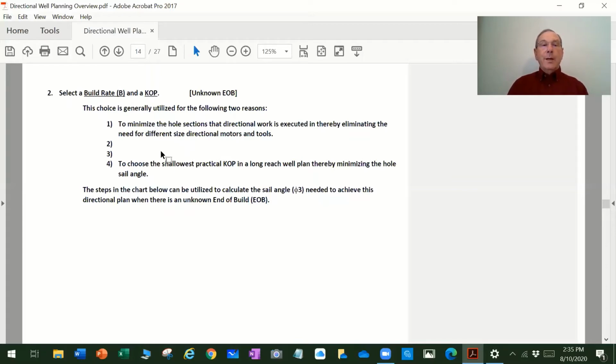The second reason is to choose the shallowest practical kickoff point in a long reach well, thereby minimizing the hole sail angle. So the steps in the chart on the diagram below can calculate the sail angle number 3 that's needed to achieve this directional plan.